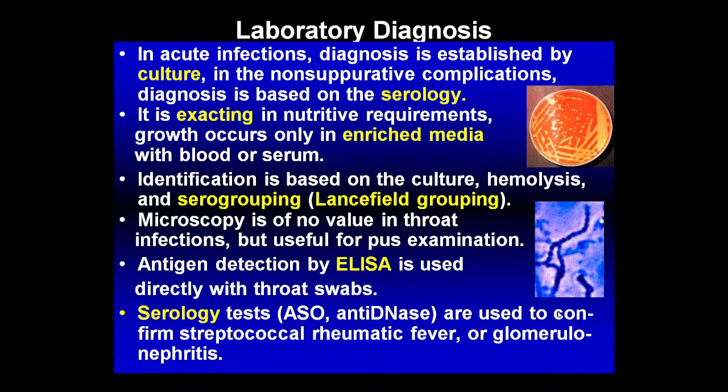So, laboratory diagnosis. We have stated that usually we need to perform culture. If we are talking about suppurative infection, we take a specimen from the patient and try to isolate bacteria in the laboratory.